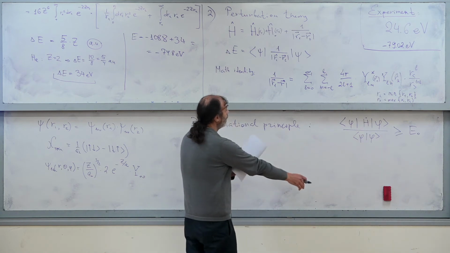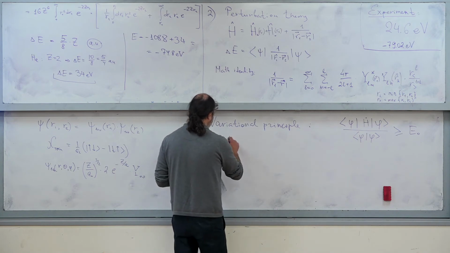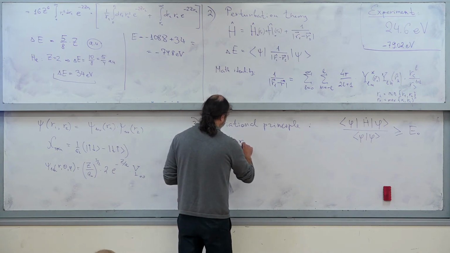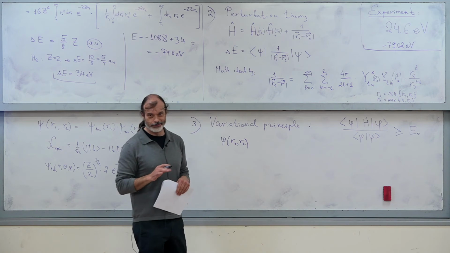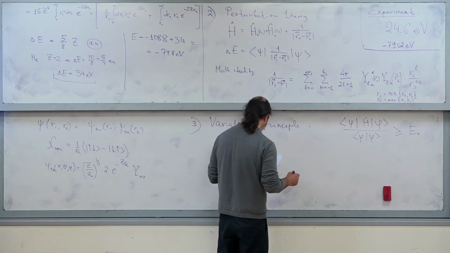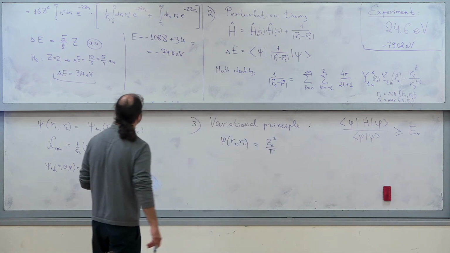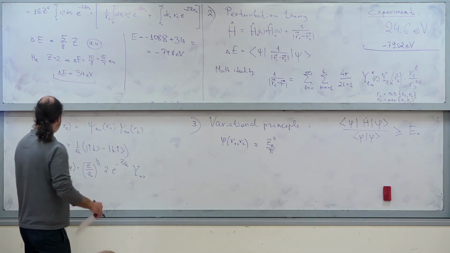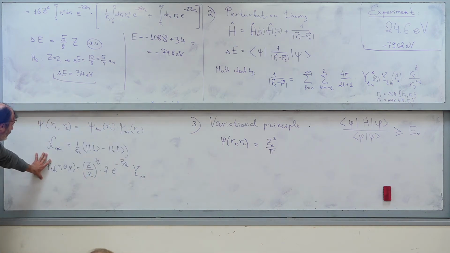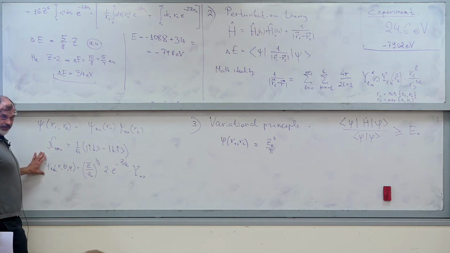And now we need to guess something about this wave function. So this is the key point, guesswork. We will guess the following wave function. It will be Z to the third power divided by pi, the normalization, the same that we have here, right? So now this is a single wave function.